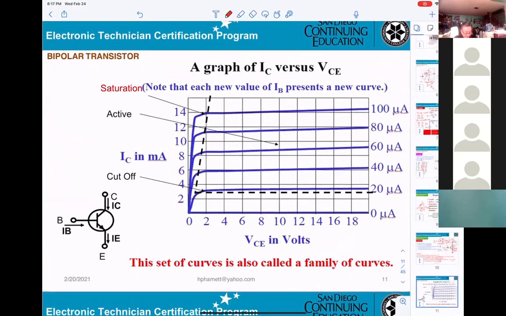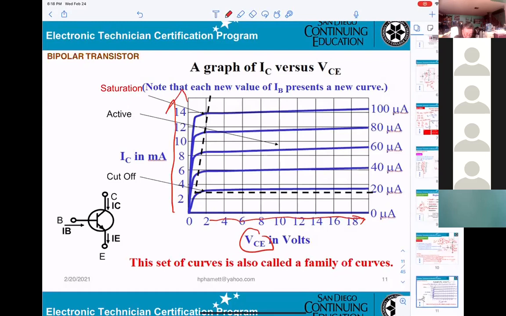Now, this is what they call a graph of IC versus VCE. You can see this stands for VCE in volt. This side going up stands for IC in milliamp.